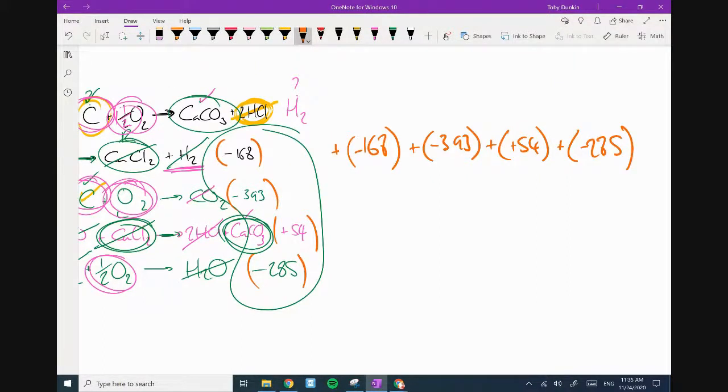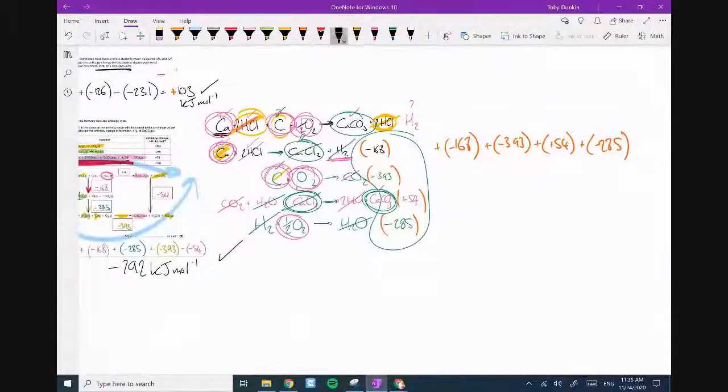Type in the calculator, and I get exactly the same number that I did over there. Oh, it can be done.